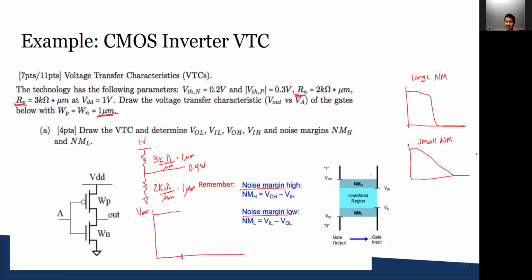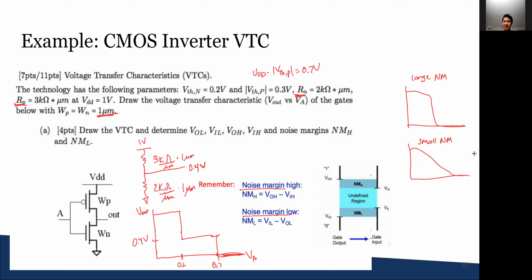Once this reaches 0.2 volts, this drops down to this level, which is what we determined just now, 0.4 volts. And then when the PMOS turns off at VDD minus VTHP, which equals 0.7 volts, then the NMOS pulls the output low.